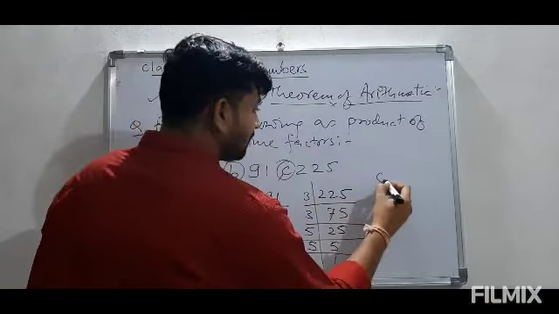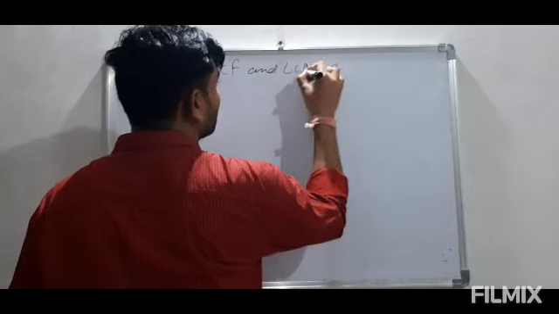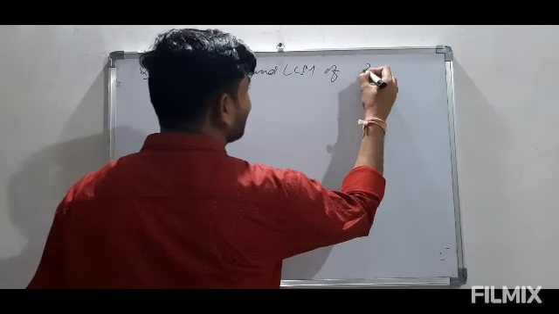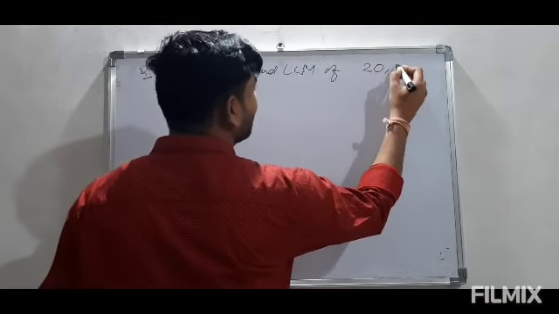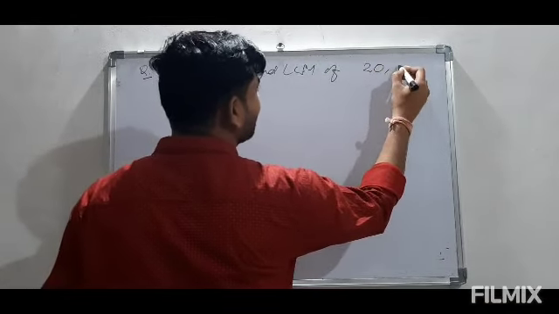So here I am writing one question, that is, find HCF and LCM of, let us take a very simple example, 20 and 25 by using prime factorization.